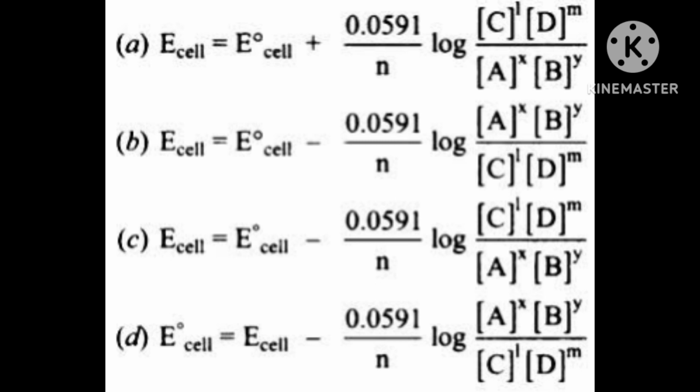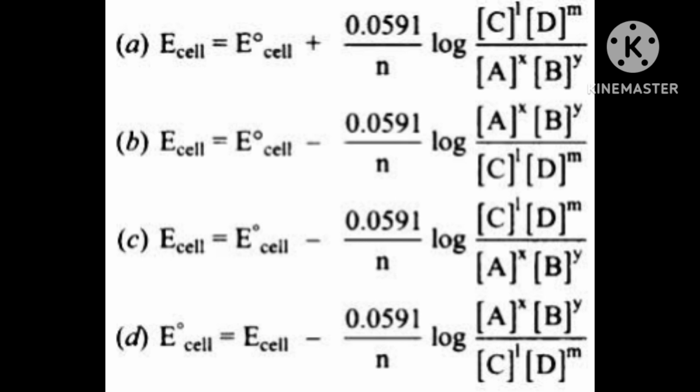Expression, you will quickly calculate by seeing the balanced reaction. If no coefficient is there, then no problem. If any coefficient value is there, as here for nickel and silver, 2 Ag, then simply do all things, only in the final stage this coefficient will go to the power. That is the only difference.